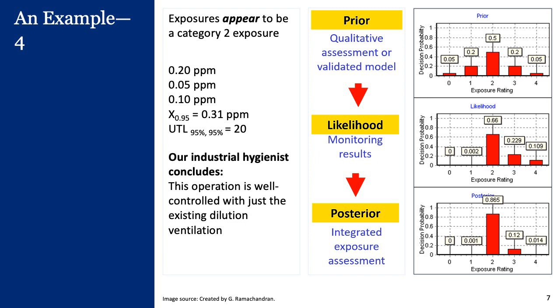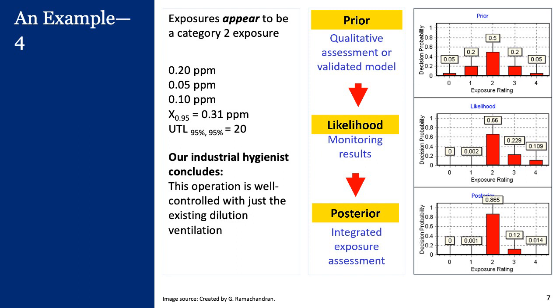And so if you combine the qualitative assessment and monitoring results charts, you will get the integrated exposure assessment suggesting that this is a category 2 exposure with 86.5% probability. So this is essentially what the industrial hygienist did, although it was all done in his or her head and in a not very transparent manner.